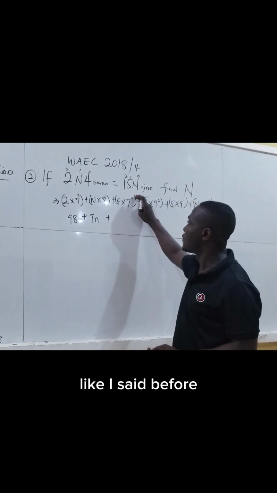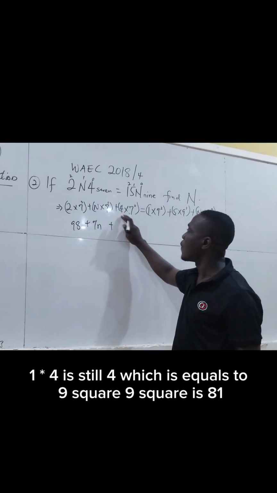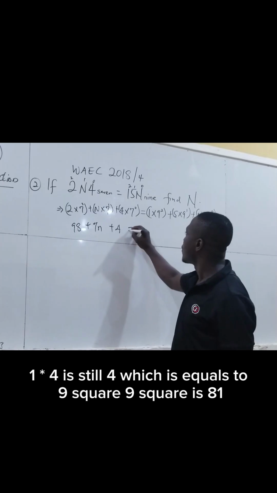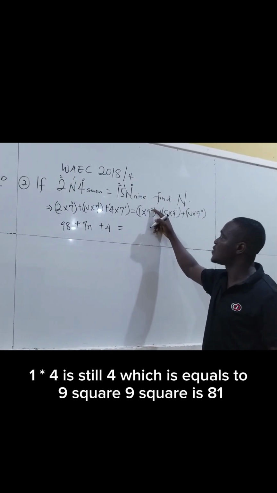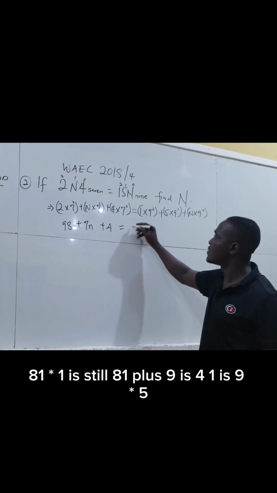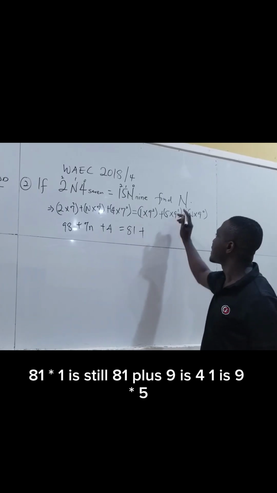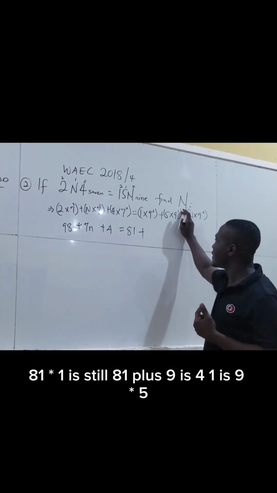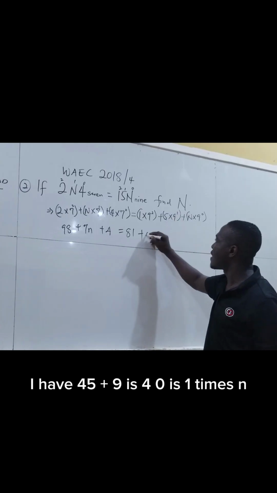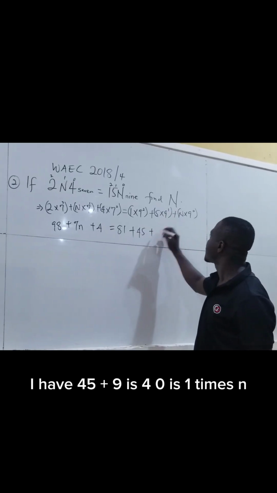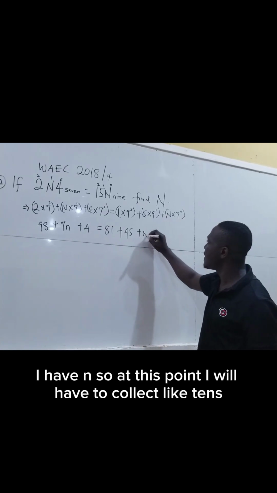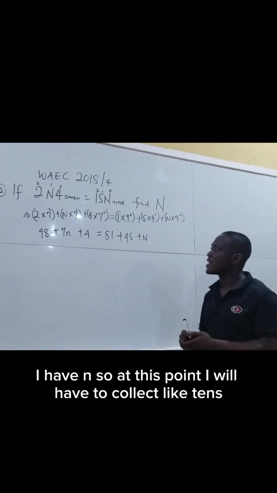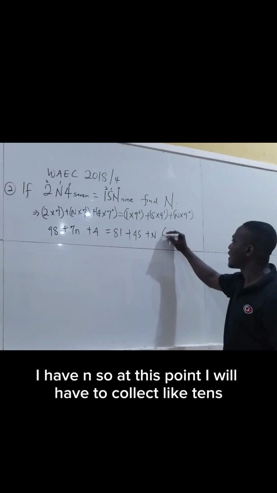Like I said before, 1 times 4 is still 4, which is equals to 9 squared. 9 squared is 81. 81 times 1 is still 81 plus 9 raised to power 1 is 9 times 5. I have 45 plus 9 raised to power 0 is 1 times n. I have n. So at this point, I will have to collect like terms.